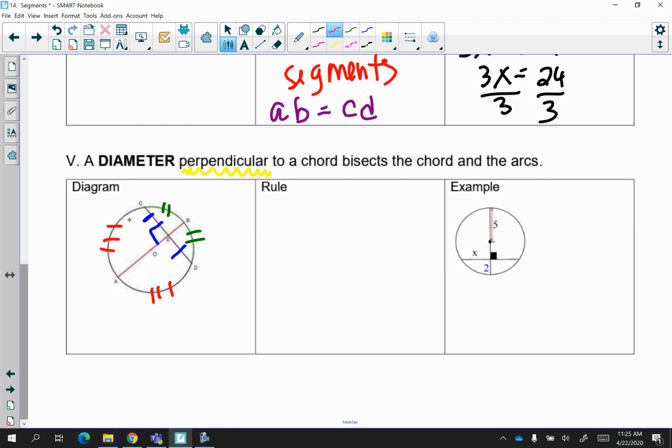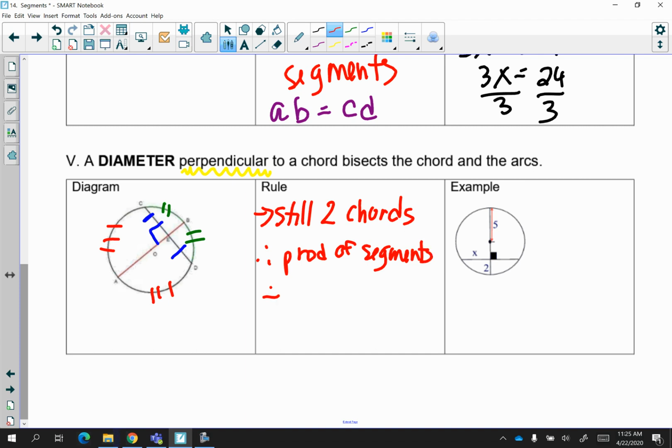So it's still, if you look at it, two chords, just like the problem above. So therefore, the rule doesn't change. It's the product of the segments equal to the product of the segments.